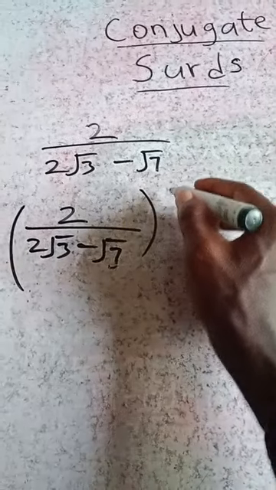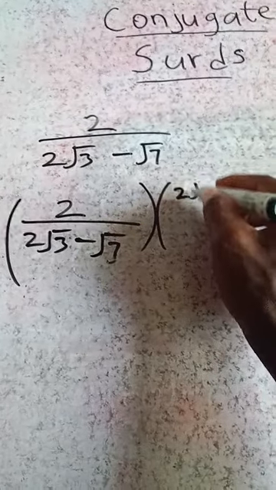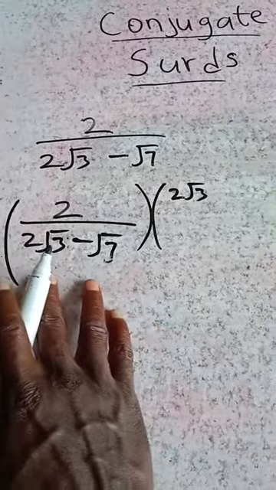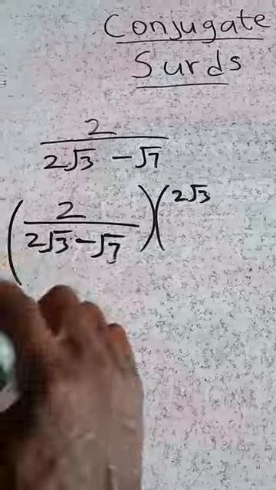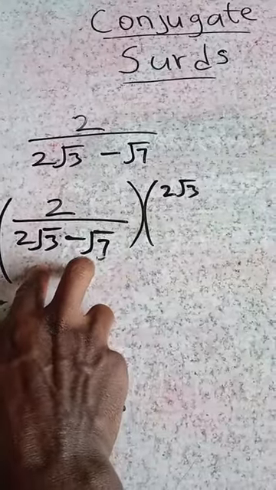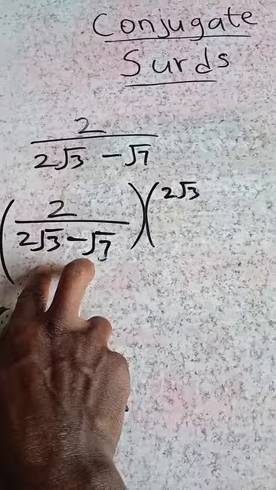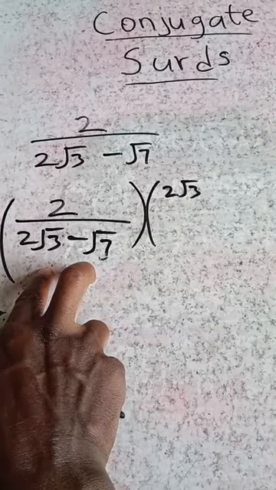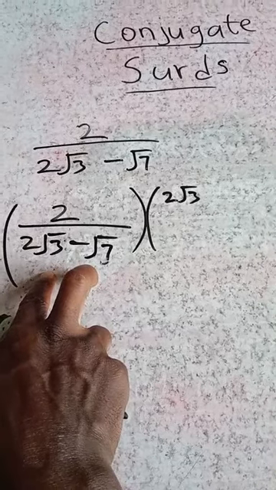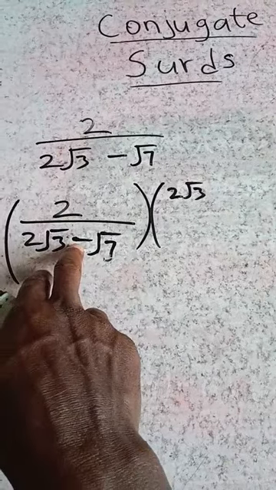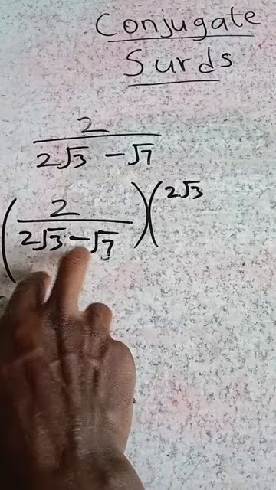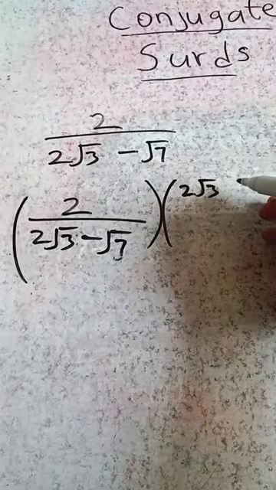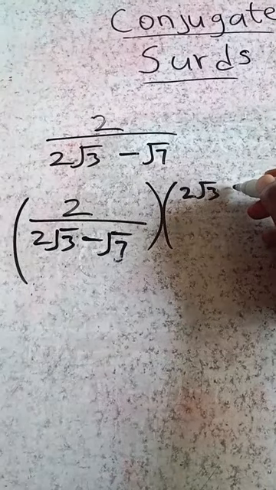So we'll say multiplying the denominator, which is 2 root 3. But because we are applying that rule for the denominator, having two factors, that is the conjugate. So we will apply the conjugate rule by saying that since the sign between the two factors is a minus sign, then the conjugate will be a plus.